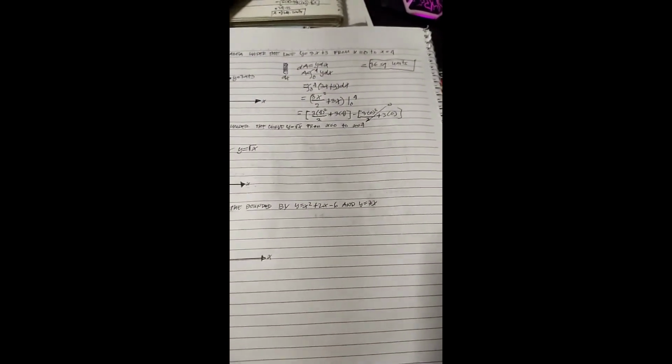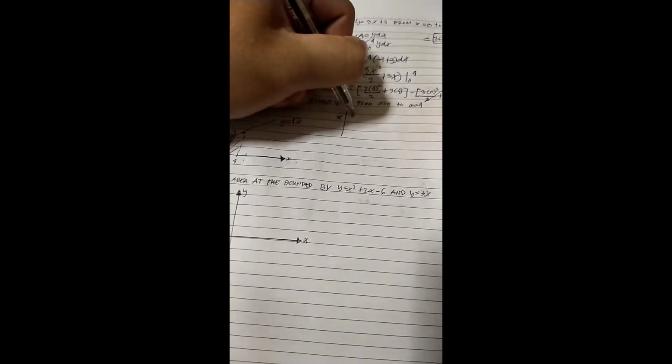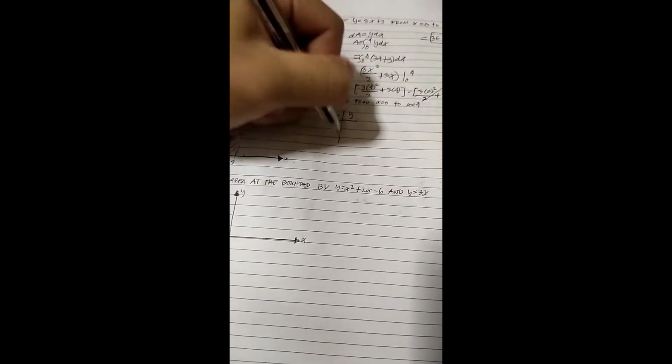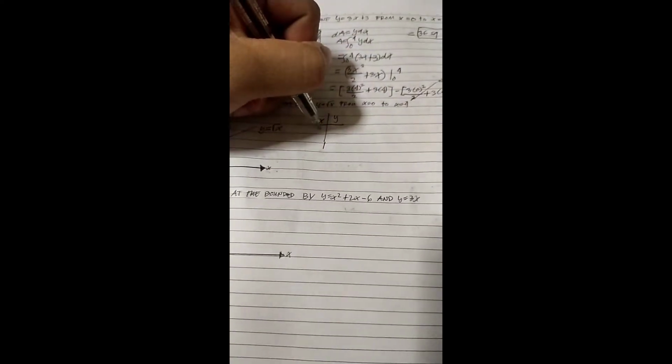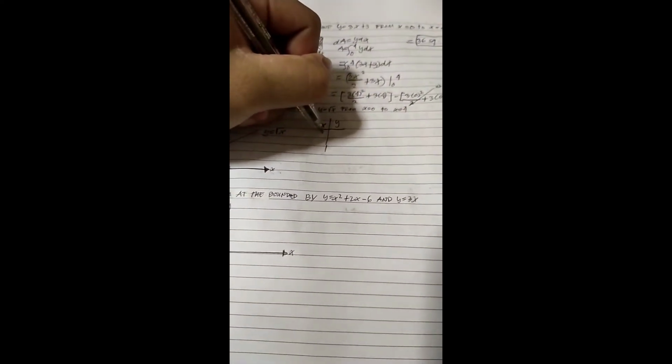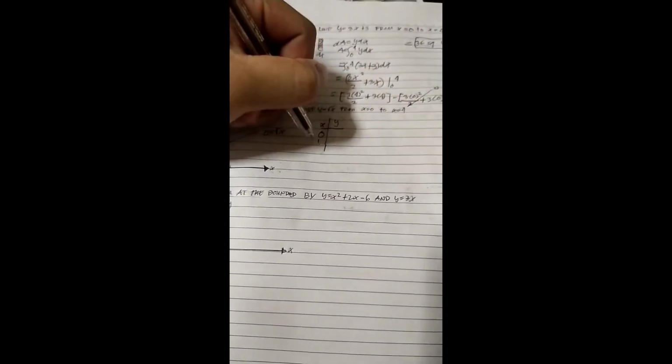So first, we need to create a table of x and y. In our x, our x is 0, 1, and 4.